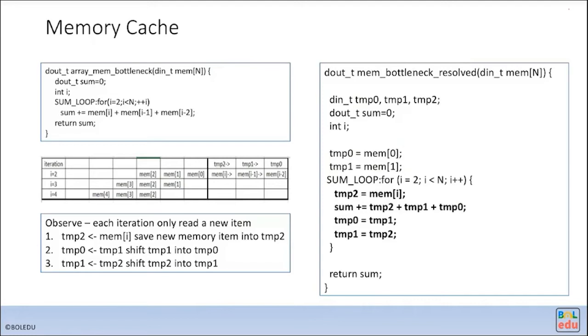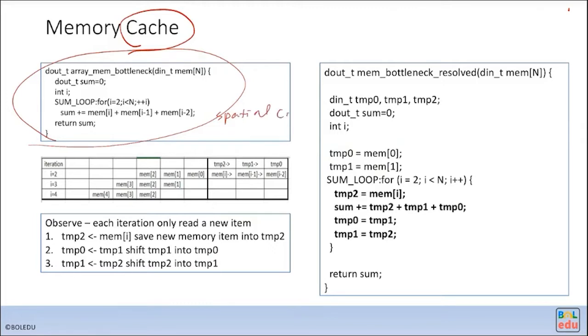Okay, another technique is if you can analyze your computing data assets that you can use in the cache. For example, this code you are all very familiar with. You have the spatial locality.